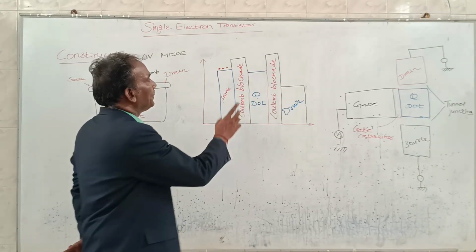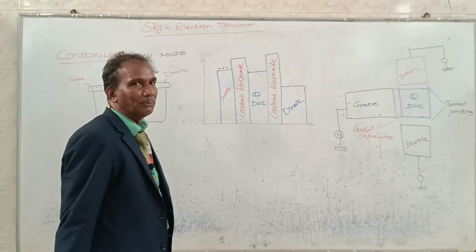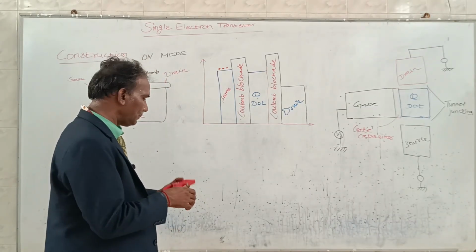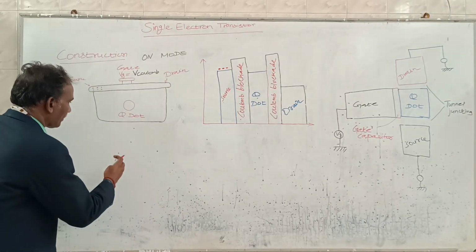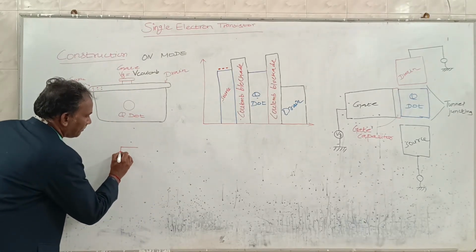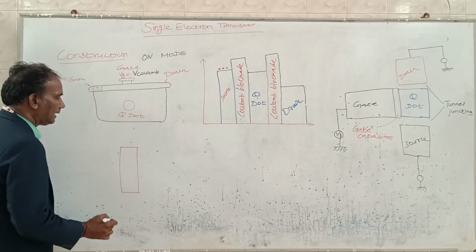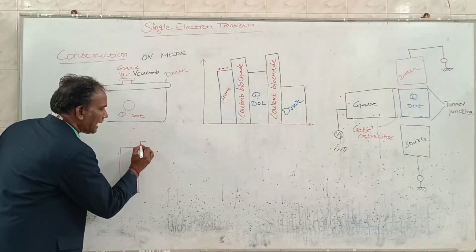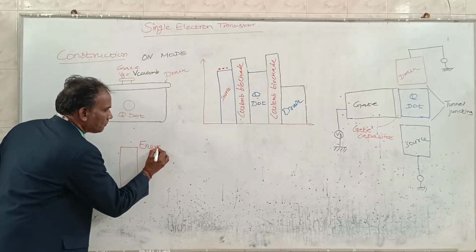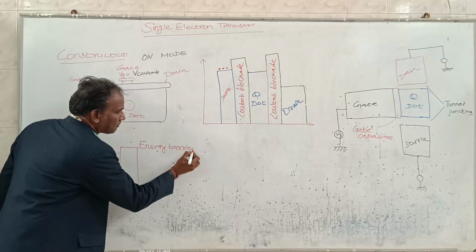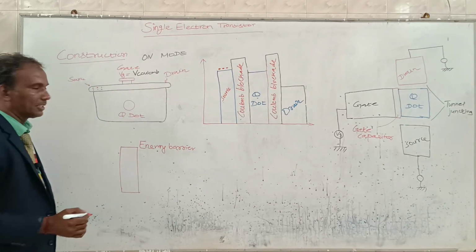Okay. So in the case of the classical view, as we discussed earlier, let us consider an energy barrier in an electronic structure.